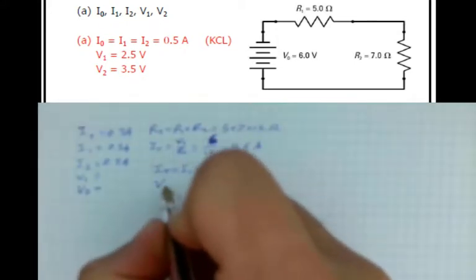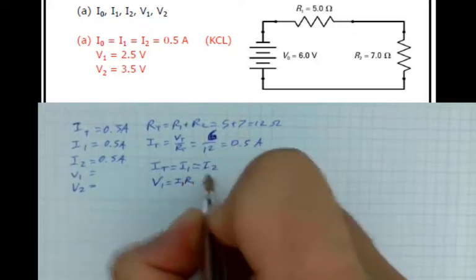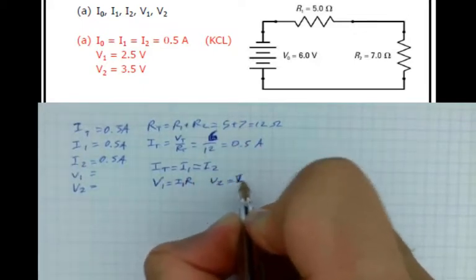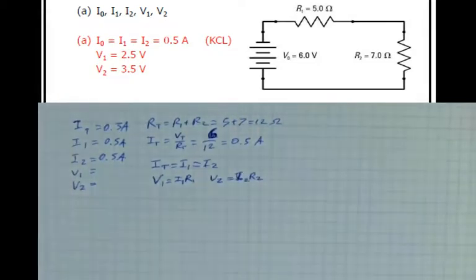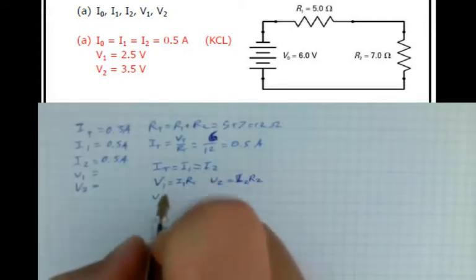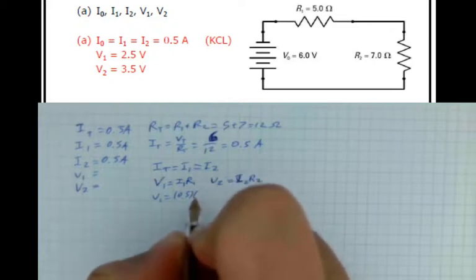And then I can use the 2 different Ohm's laws to calculate for V2 and to calculate for V1. So V1 equals 0.5 times R1, which is 5.